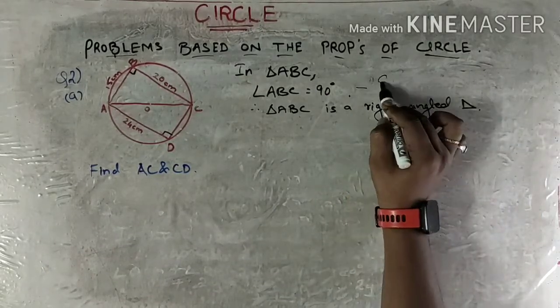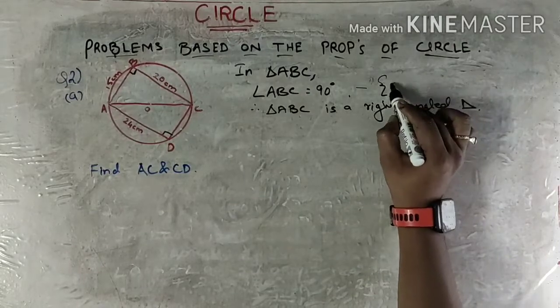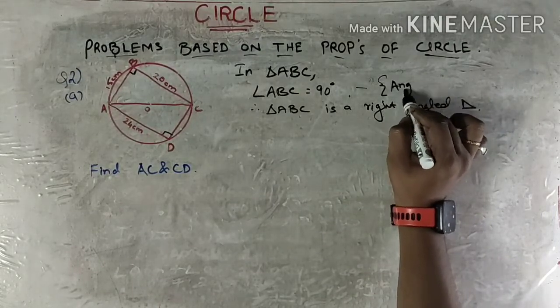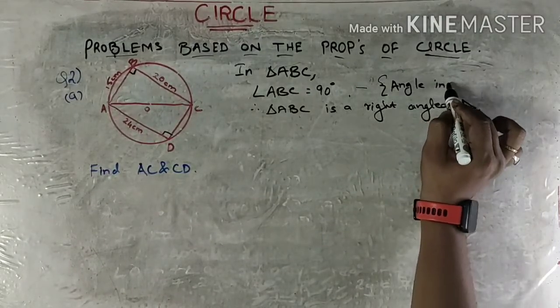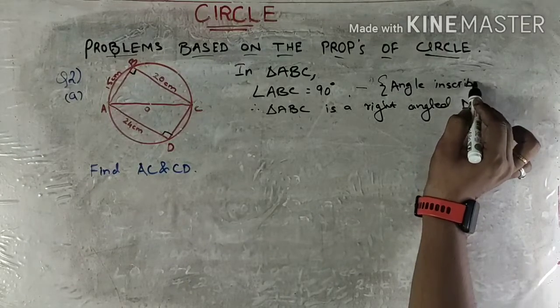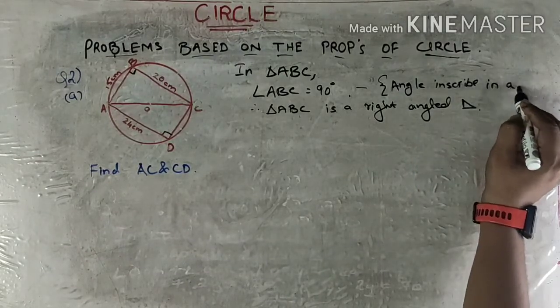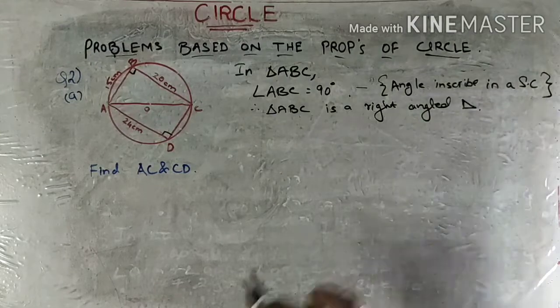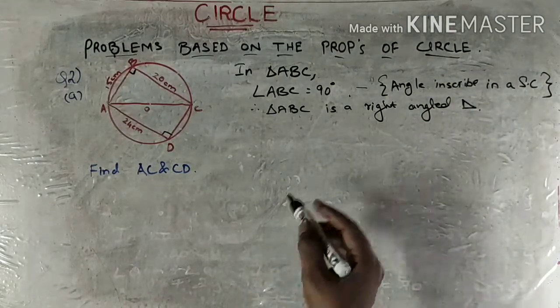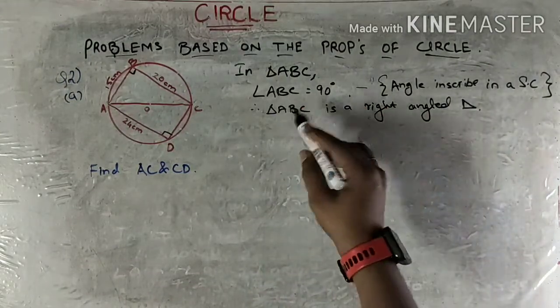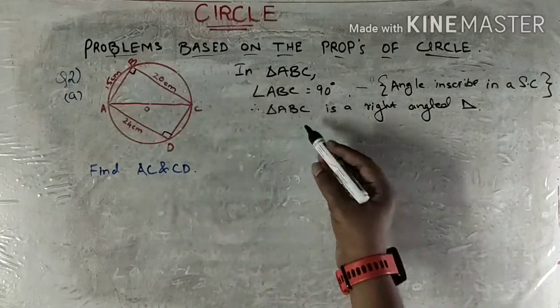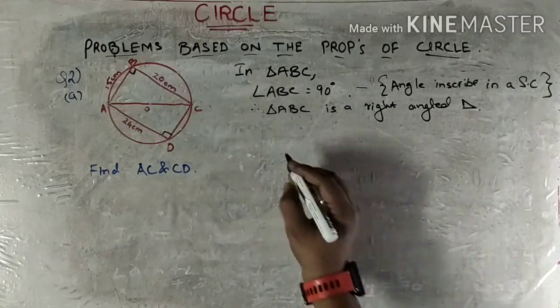Over here you need to write the reason, the third property, that is, angle inscribed in a semicircle is 90 degrees. Hence, I claim that angle ABC is 90 degrees and triangle ABC is a right angled triangle.